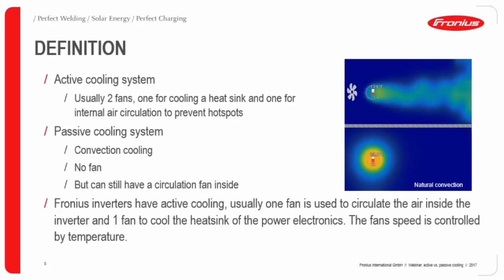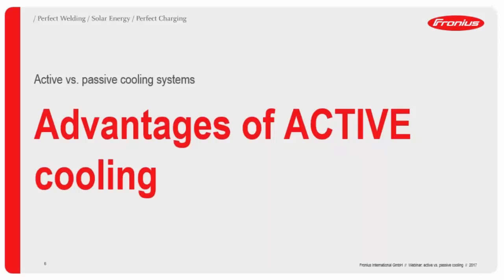But in general, I would say Fronius is using active cooling pretty much all the time, and the reason why we believe active cooling is the better technology is here.